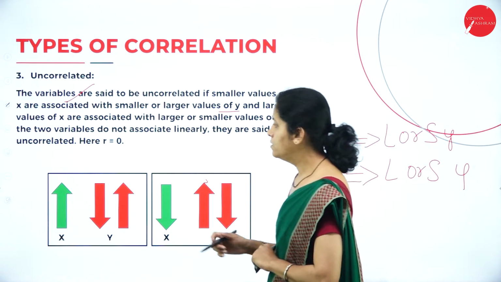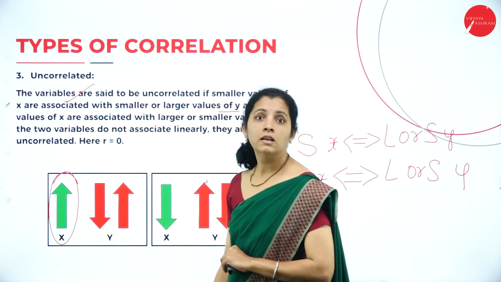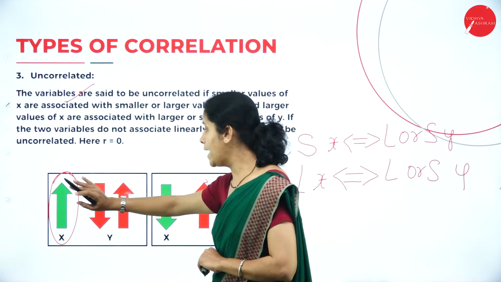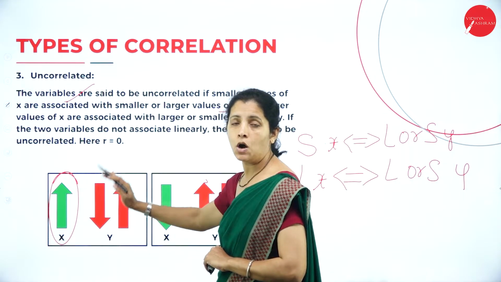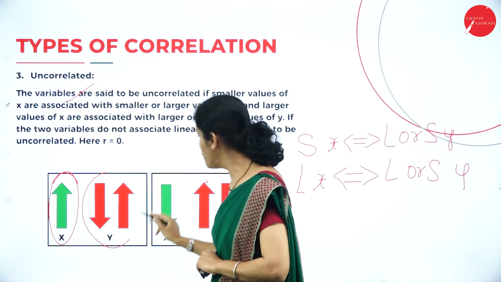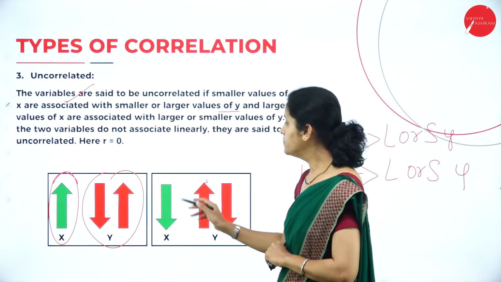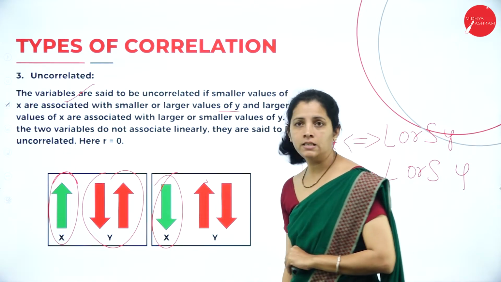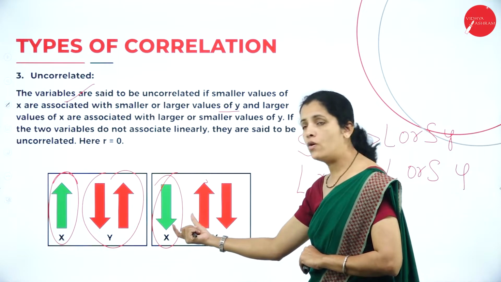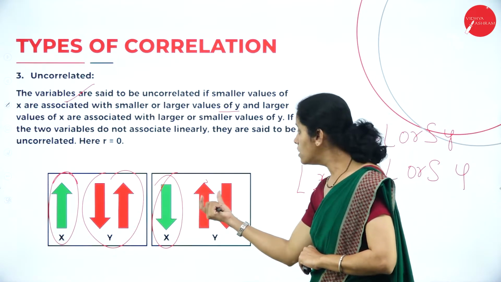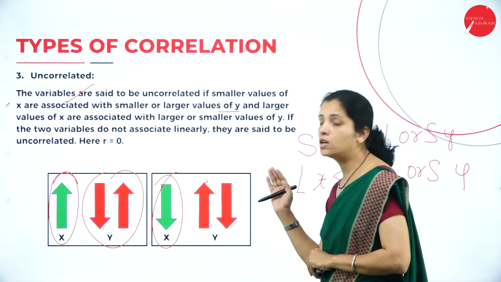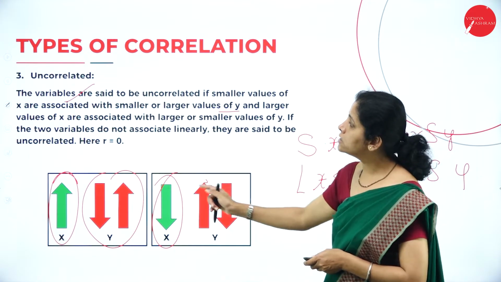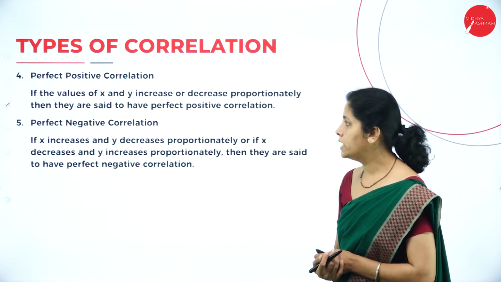Here also, the smaller value of x is associated with larger or smaller values of y, and it is known as uncorrelated.